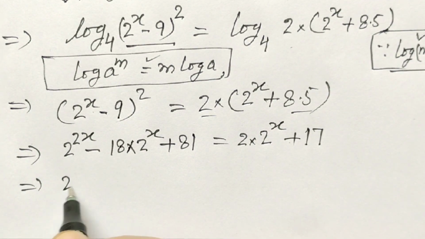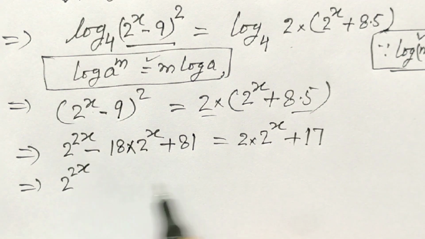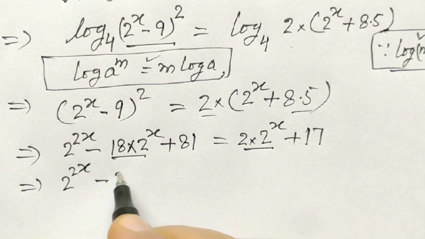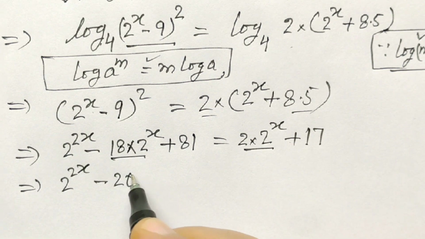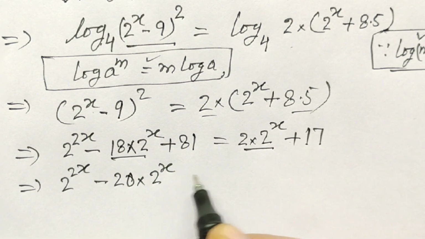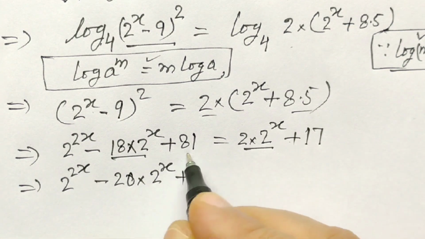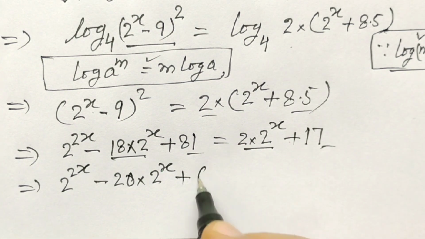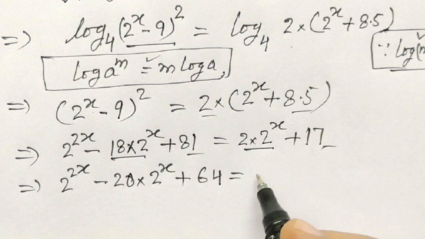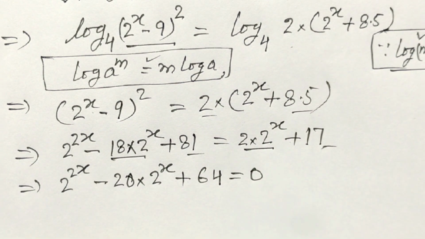Now 2 to the power 2x minus 20 into 2 to the power x plus 64 is equal to 0, right?